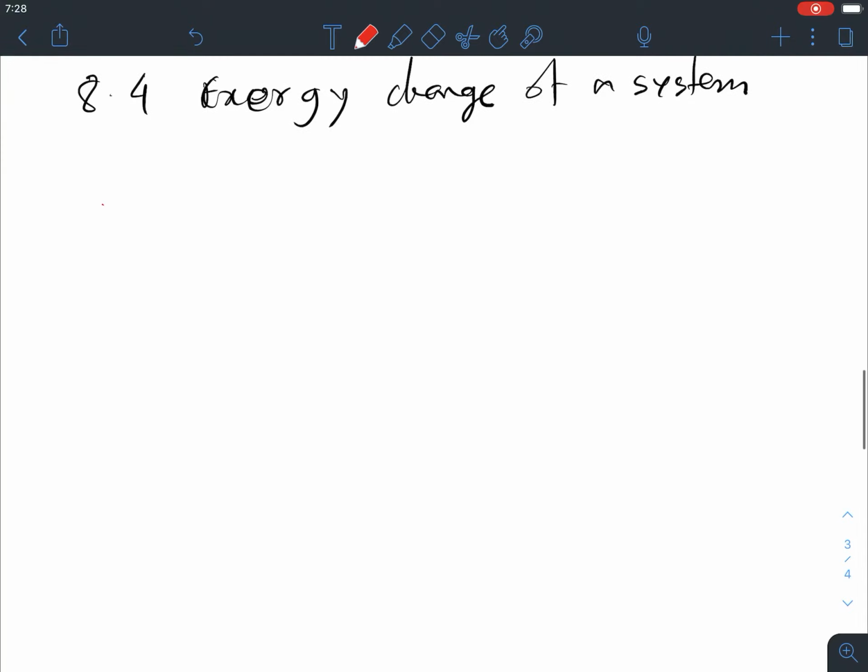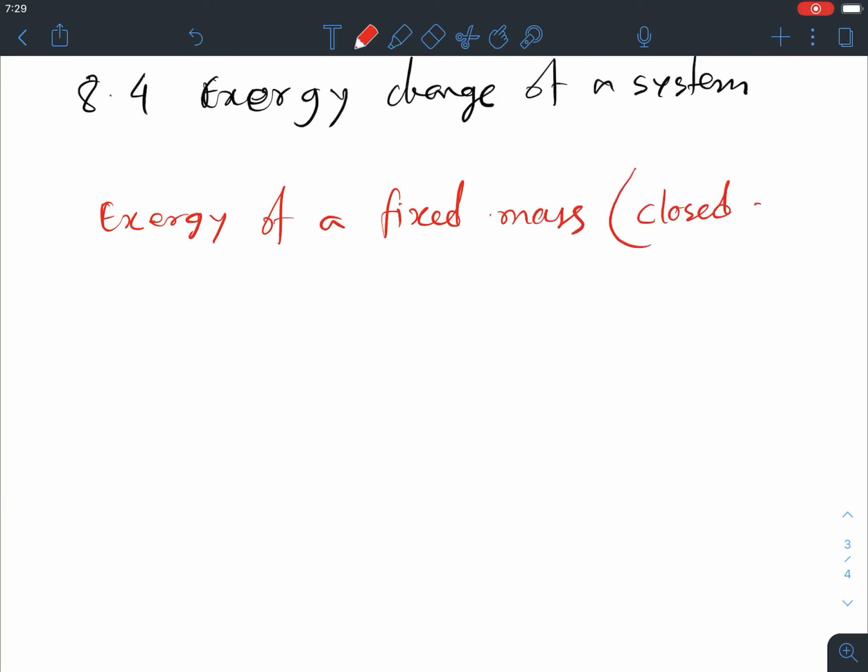So the first case we would like to consider is the exergy of a fixed mass, basically a closed system. So how does the exergy change for a fixed mass? Let me draw the diagram of a closed system, then it will be easier for you to follow.